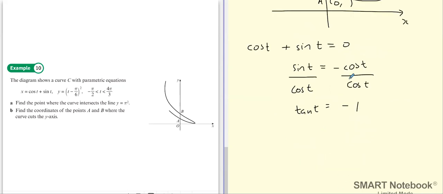And what are the two t values where tan is negative? Well, using the CAST diagram, we are going between minus 90 and 4 pi over 3, which is 240, somewhere in here. So 0, 90, 180. I shouldn't have drawn that line.